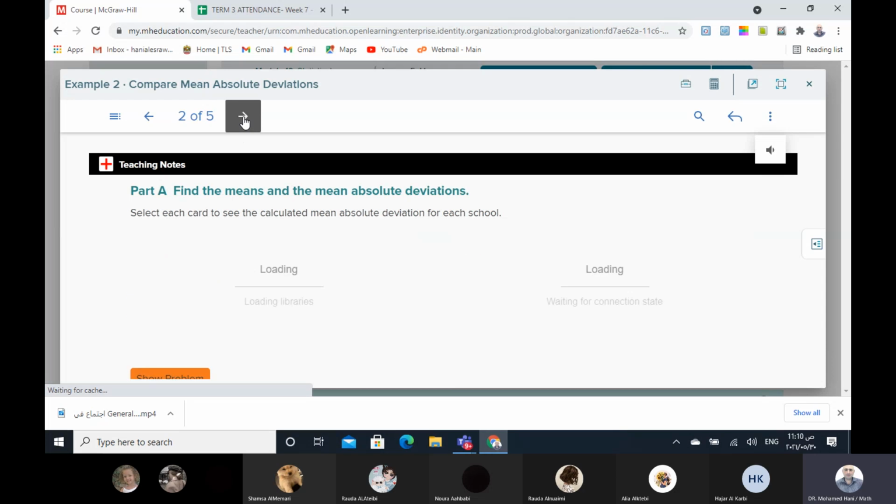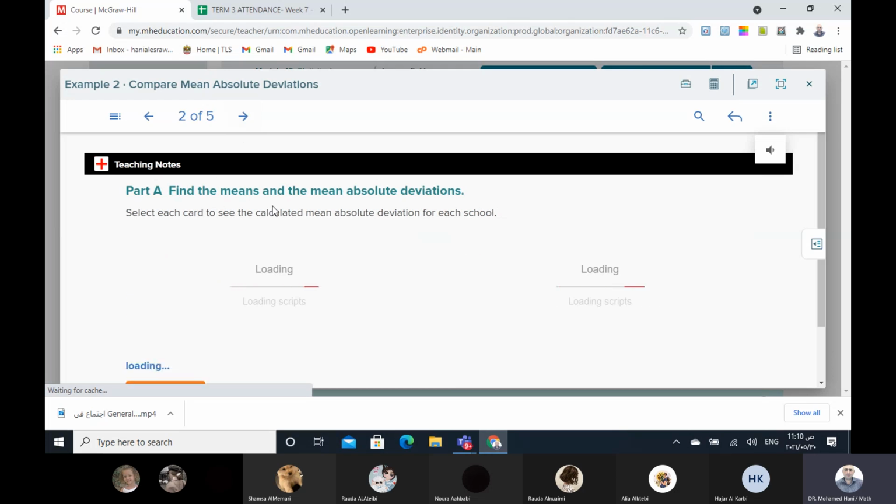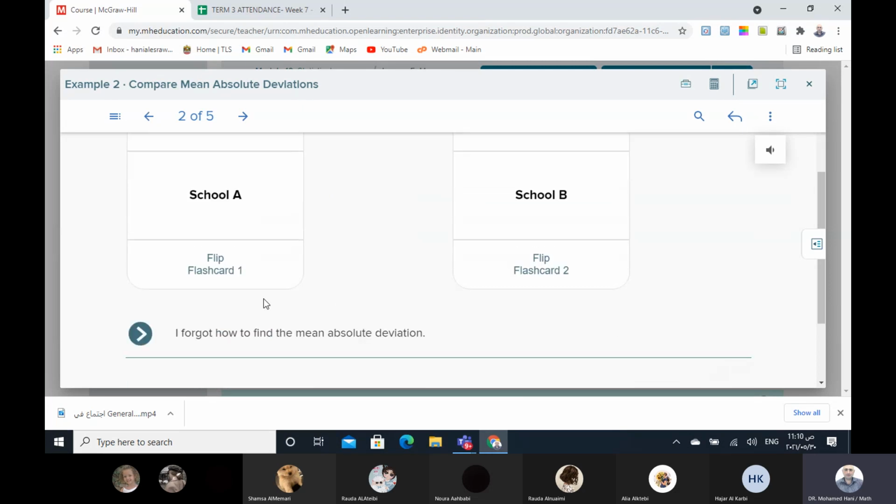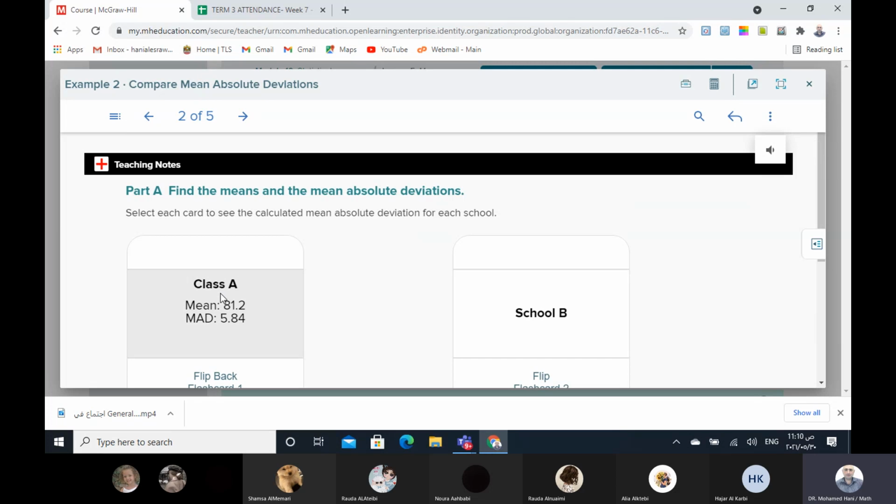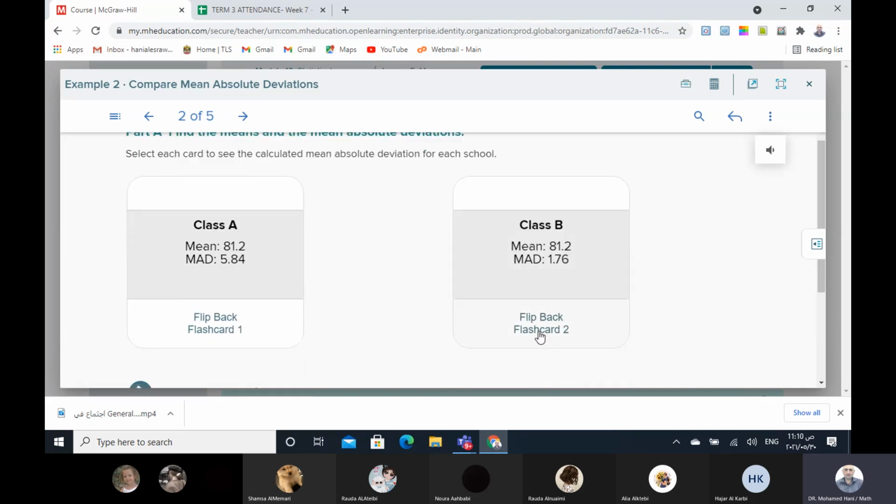The first step, find the means and the mean absolute deviation. For school A, the mean will be 81.2 and the mean absolute deviation will be 5.84. And the second school, school B, the mean will be 81.2, the same mean.